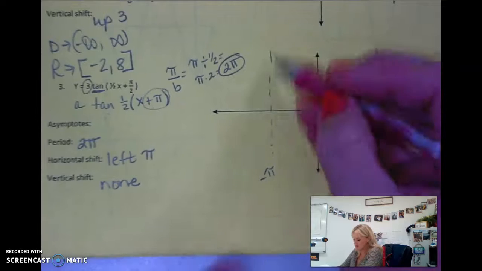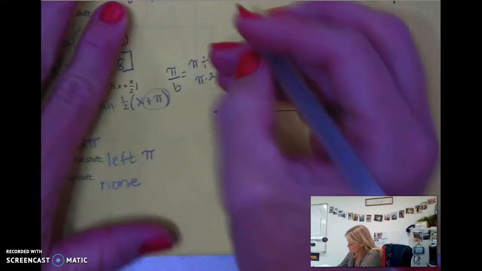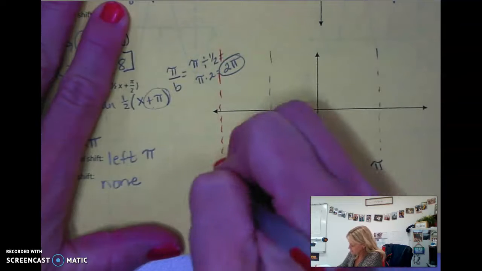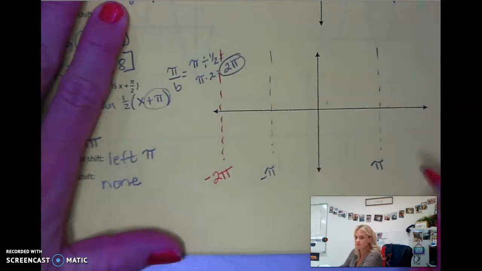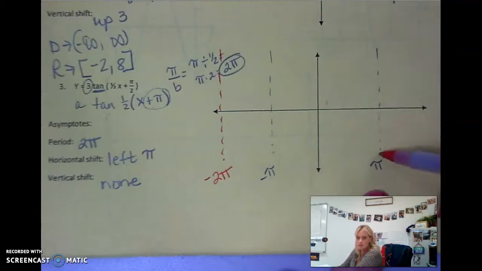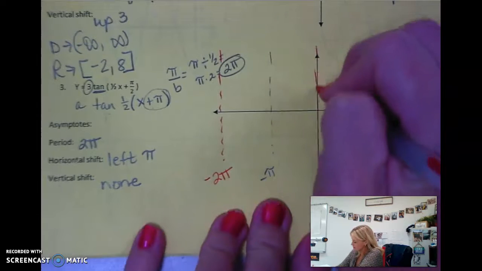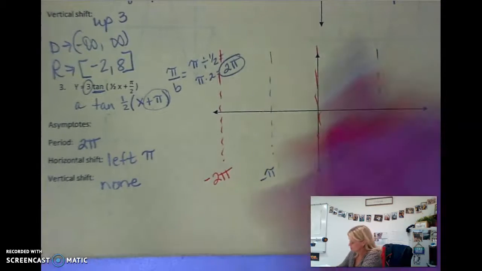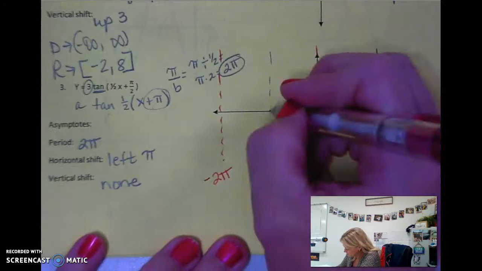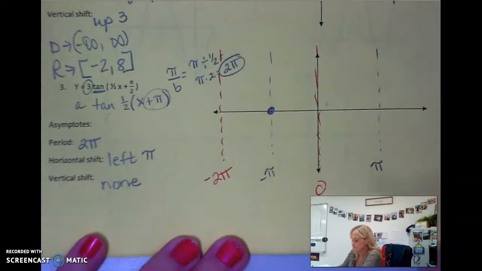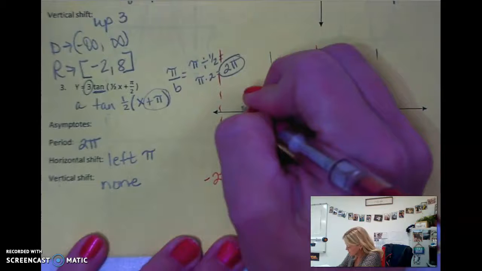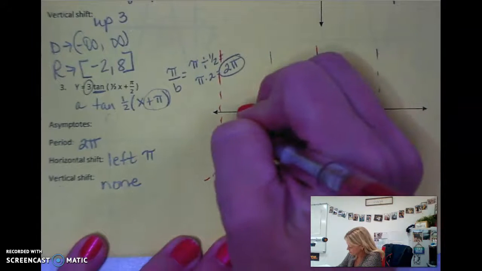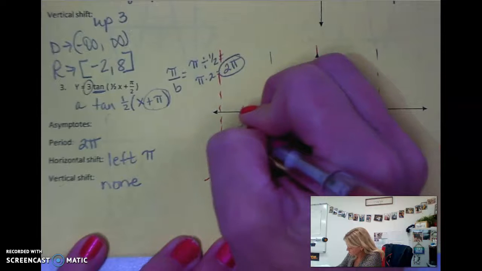So this asymptote now gets shifted down here to the left at -2 pi. And this asymptote gets shifted to the left here at 0. So my new origin also shifted to the left, and these are my new turning points at -1/2 and -3 pi over 2.